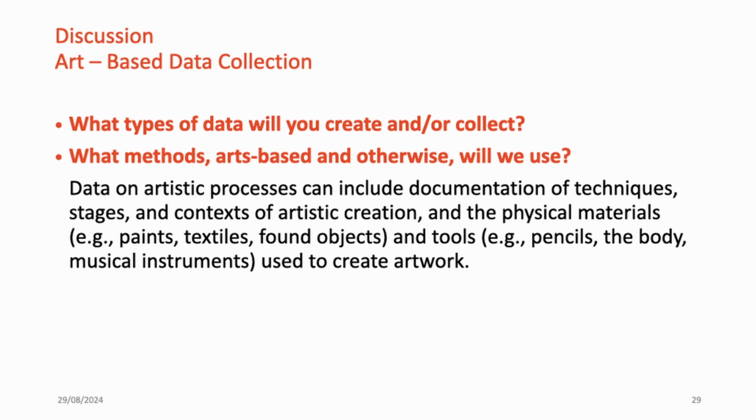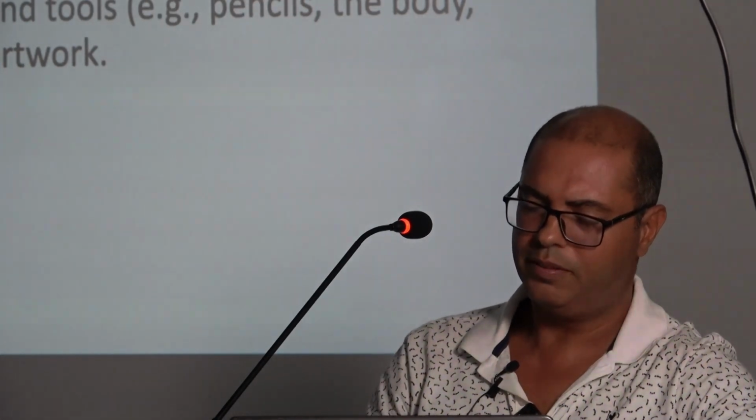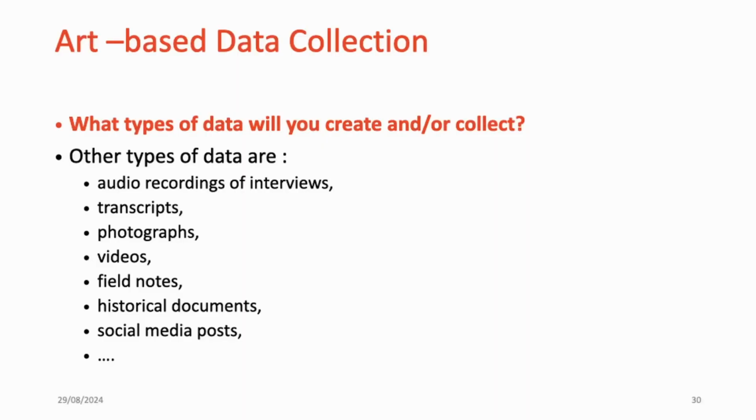Data on the artistic process can include documentation of techniques, stages, but also the context of artistic creation and the physical materials, such as the medium used, such as paints, textile, found objects, but also tools, pencil, the body, musical instruments. We can also have other data that are audio recordings of interviews, transcripts, photographs, video, field notes, historical documents, social media posts.